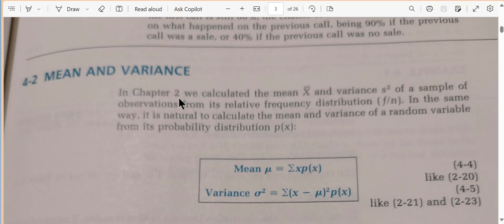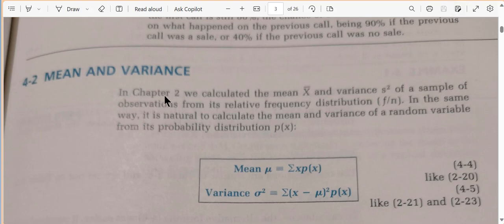In basic statistics, we talk about the mean and the variance of data, and here we talk about the mean and variance of random variables, which are related, but it's not exactly the same setting. So let's read what they say.